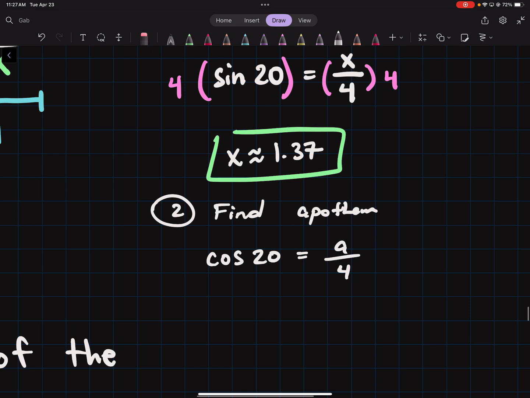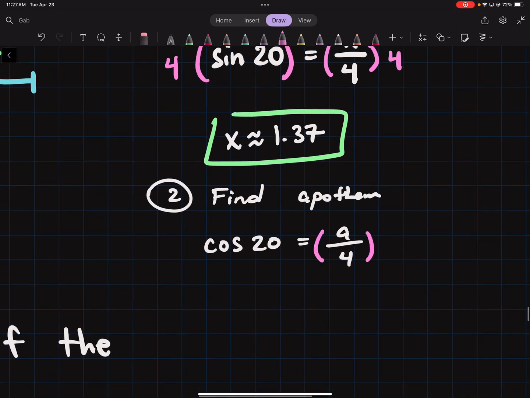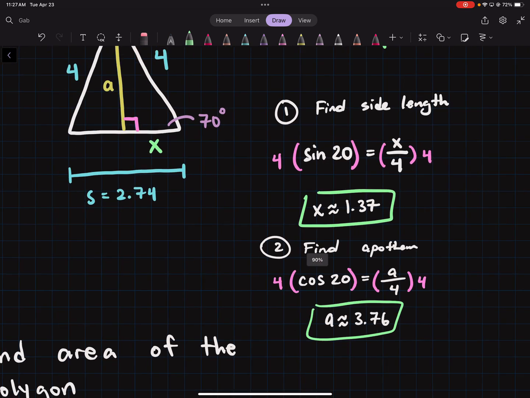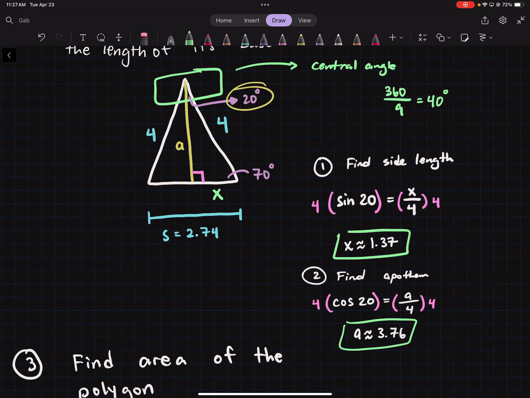And then basically you're doing the same thing, right? Times it by 4. Okay, so apothem is like 3.76. Okay, you found everything now, right? Now you do the formula. Yeah, so I guess the second step is the most work. Once you got that, you got everything else.